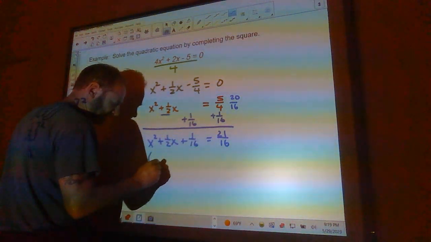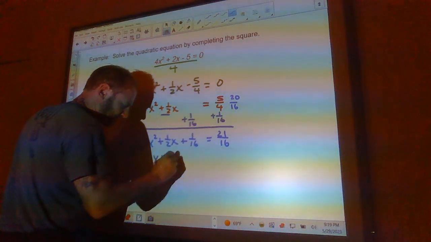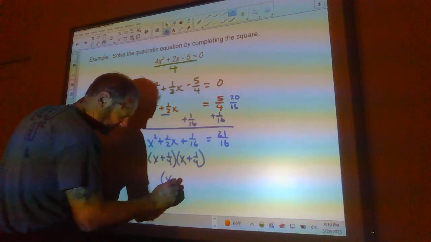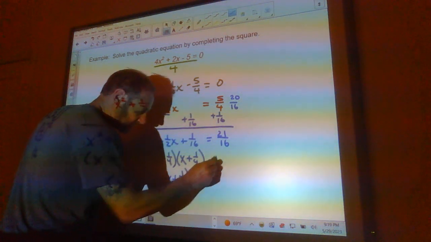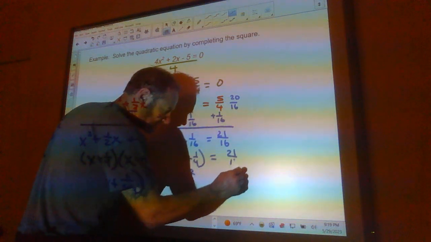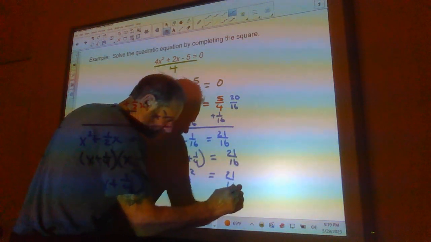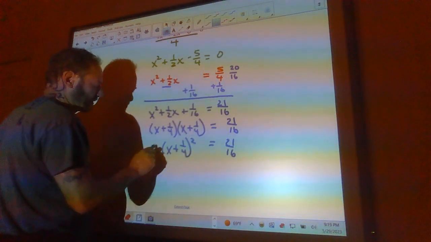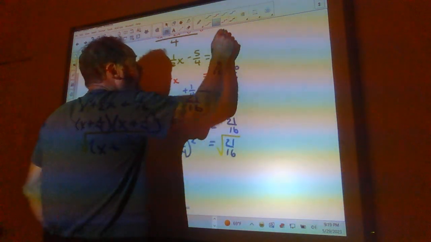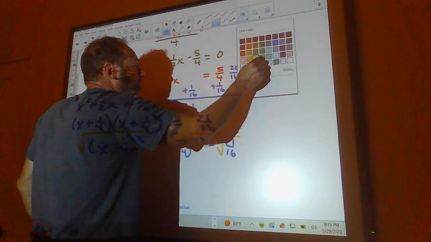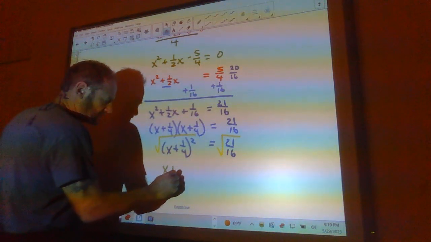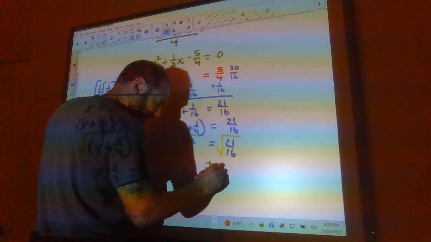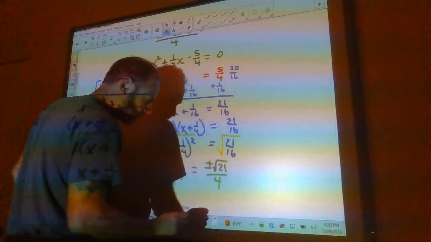So this is going to factor down to x plus 1/4 times x plus 1/4, which is otherwise known as x plus 1/4 squared. It's going to be 21/16 over here. Now I can go ahead and square root both sides here. And when I do that, I'm going to get x plus 1/4 equals plus or minus the square root of 21 over 4.